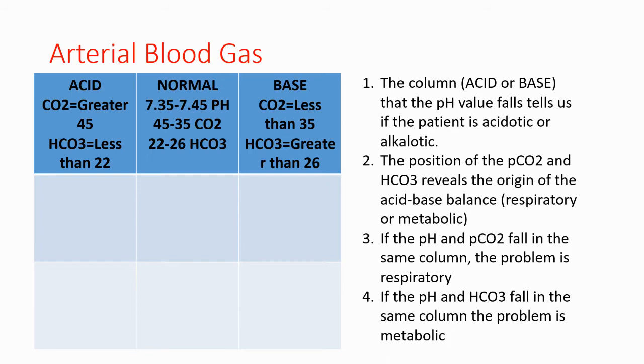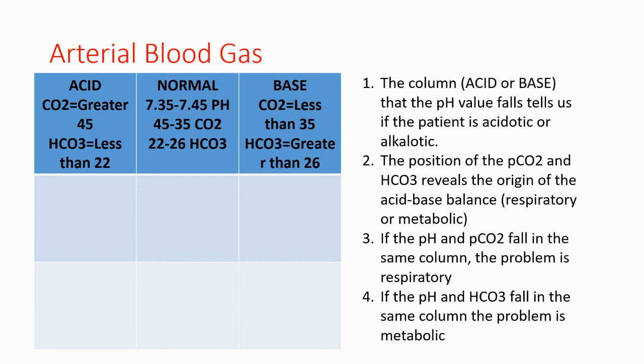I have distinguished the acid, which would be greater than 45 for CO2 and less than 22 for HCO3, what a normal pH, CO2 and HCO3 would be, and the basic, with the CO2 less than 35 and the HCO3 greater than 26.